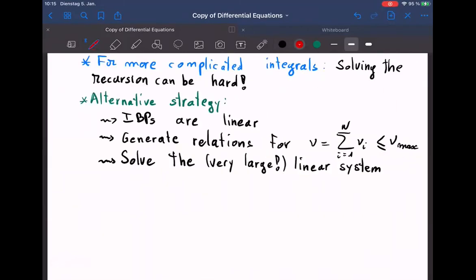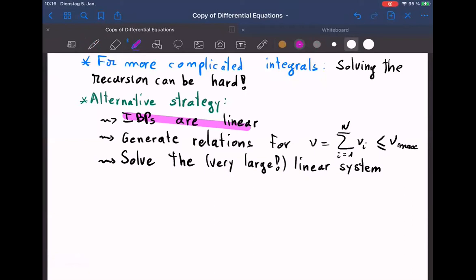Therefore, in practice, one uses some other strategy. And the strategy is as follows. Your IBP relations are linear. By construction, they're always linear relations. So just sample identities where you plug in integer values for nu1, nu2, nu3.